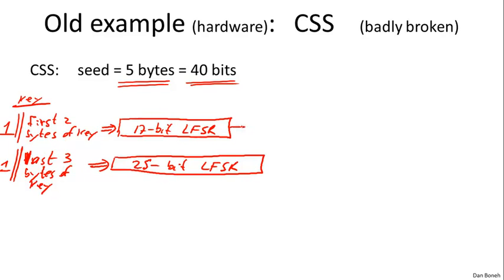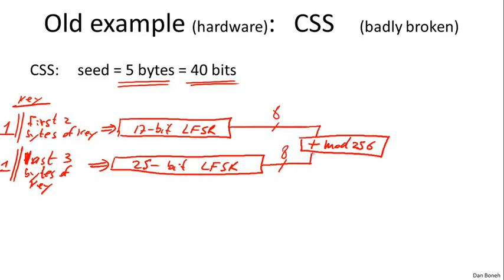So then these LFSRs are run for 8 cycles, so they generate 8 bits of output, and then they go through an adder that does addition modulo 256. There's one more technical thing that happens.